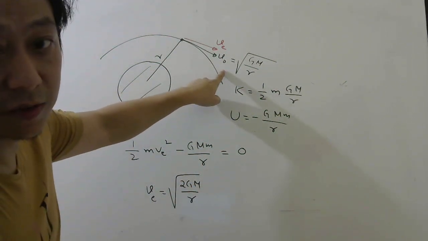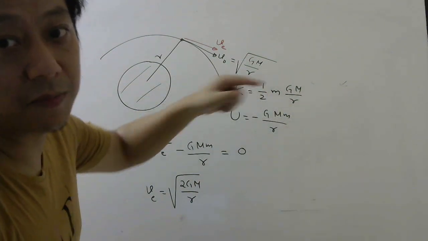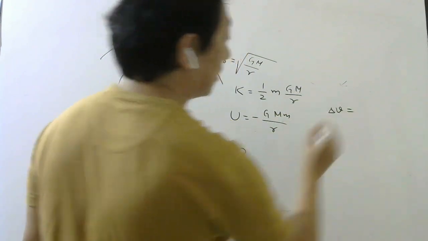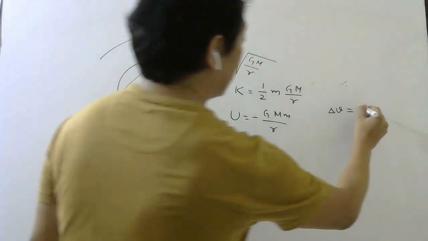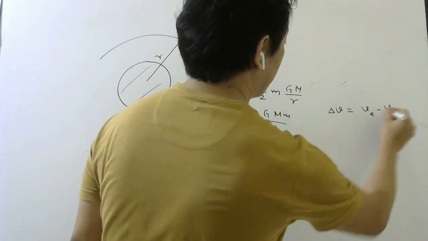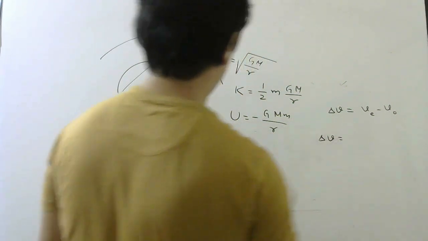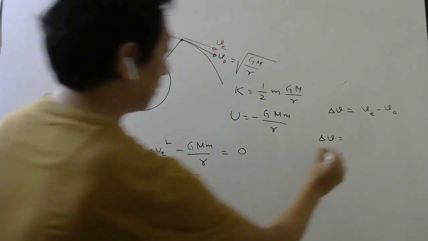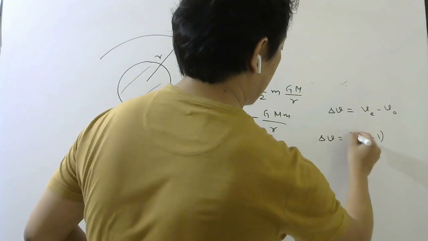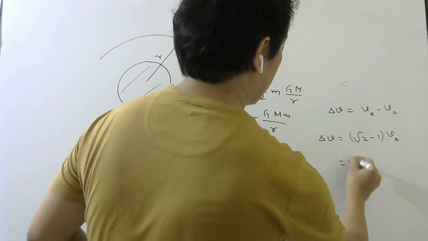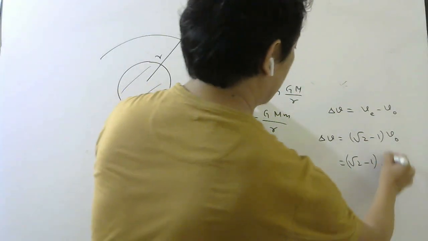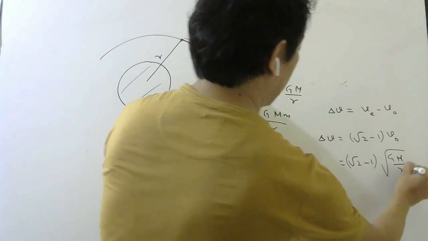Whereas right now it is traveling with what velocity? Root over GM by r. So how much increase in the velocity do I have to give? The increase in the velocity should be ve minus v0. Now ve, if you look carefully, is root 2 times v0. So it is root 2 minus 1 times v0, where v0 is root over GM by small r.